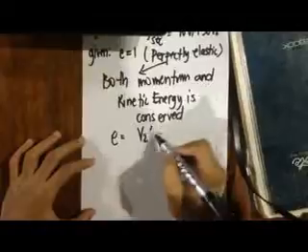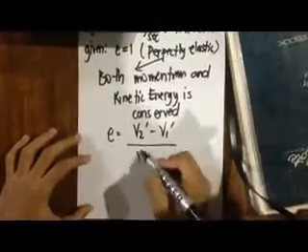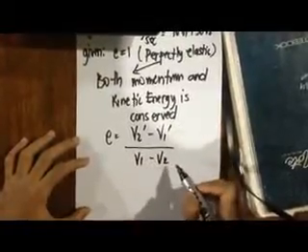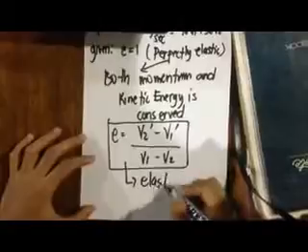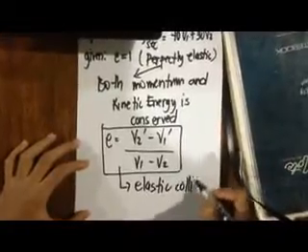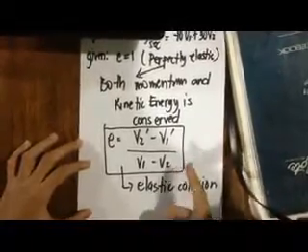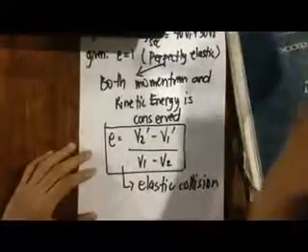So we have our formula for elastic collision. We have here e is equal to V2 prime minus V1 prime all over V1 minus V2. This is the formula for elastic collision that we are going to use.